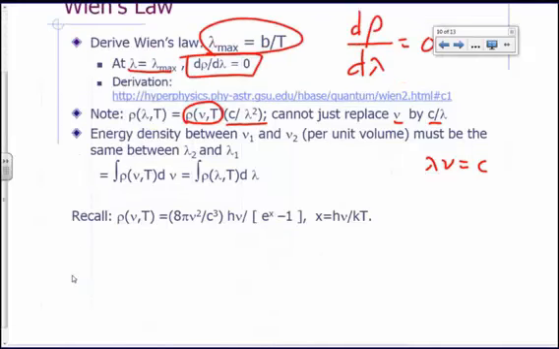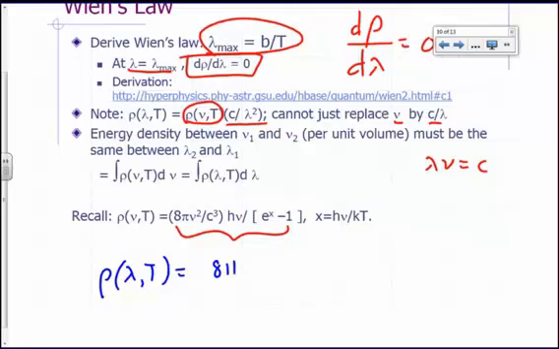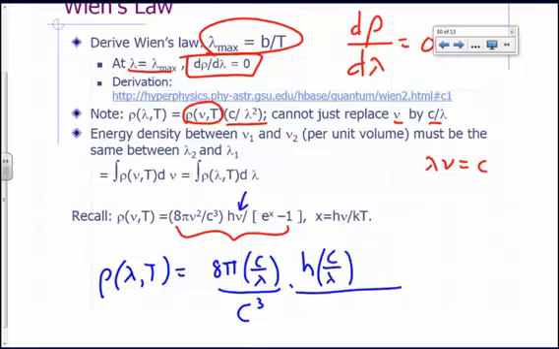For example, you cannot just say that the spectral density per unit wavelength is equal to 8 pi, and then nu is c over lambda, over c cubed times h, and then c over lambda over e to the h c over lambda kT minus 1.